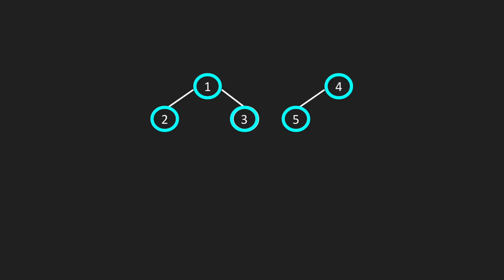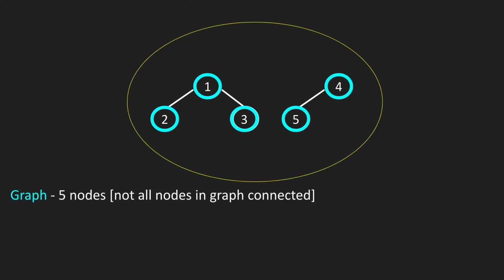So let's revisit that again. If we summarize, we have 5 computers in our network, 5 computers overall. So we can say that if we convert that to a graph, our graph has 5 nodes. Not all nodes in the graph are connected.